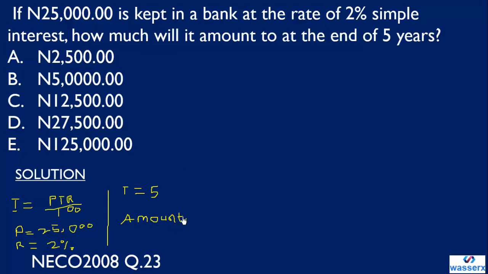So the amount is given by the principal plus the interest. So we know the principal already, so let's calculate the interest to obtain 25,000 naira times the time, which is 5 years, times 2 all over 100.